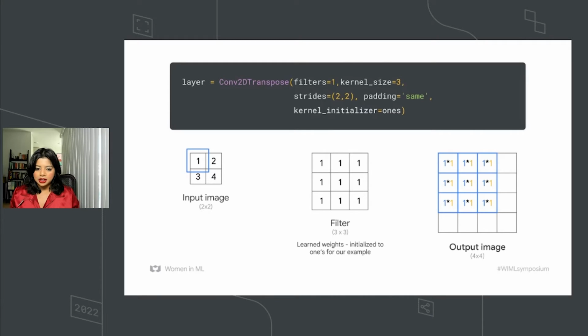Then if we move forward, this would be the next pixel, and this is where it's placed on the output image. And here we're using padding same, which is an important thing to note, which is why, even though there's not enough space at the end, it just gets added to those values.